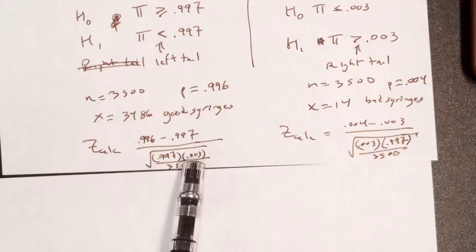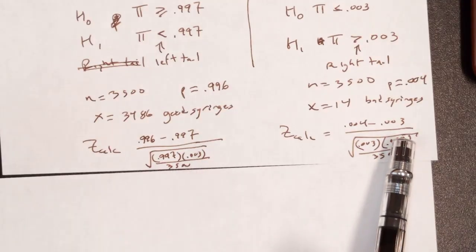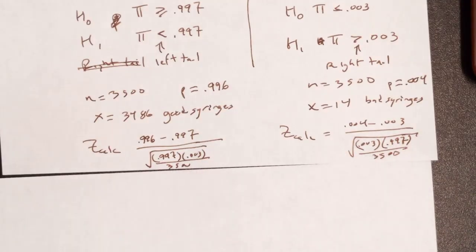0.997 times 0.003 over 3,500. It's the same number because it's measuring the same population. Sorry, the same standard error. The only difference between these two is the one on the left is negative and the one on the right is positive.